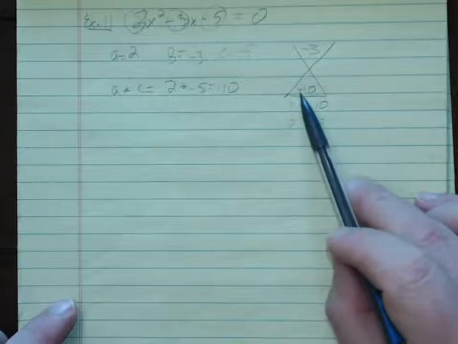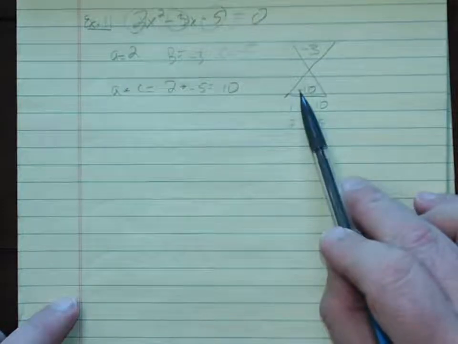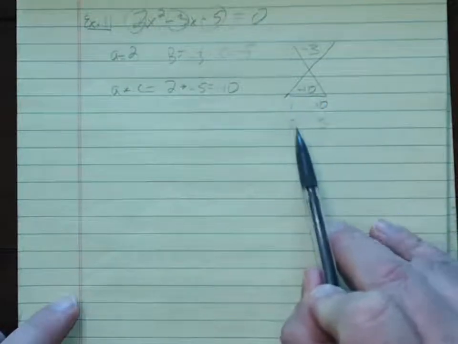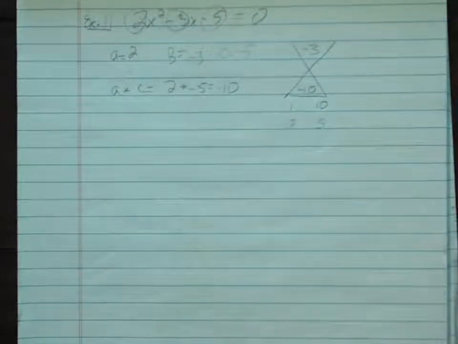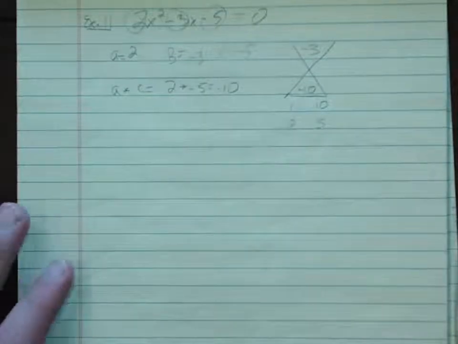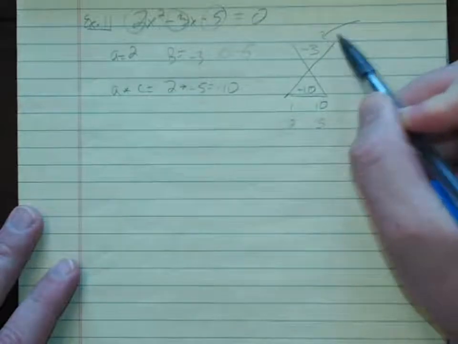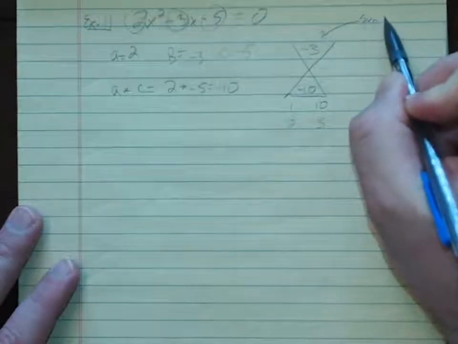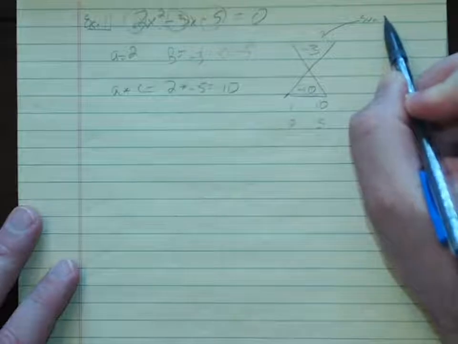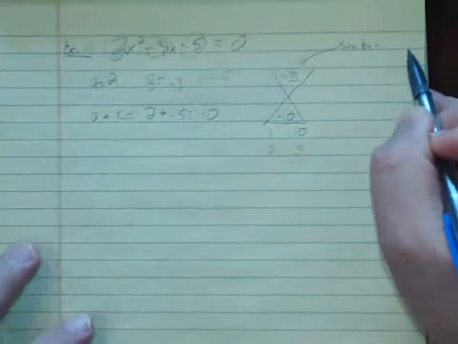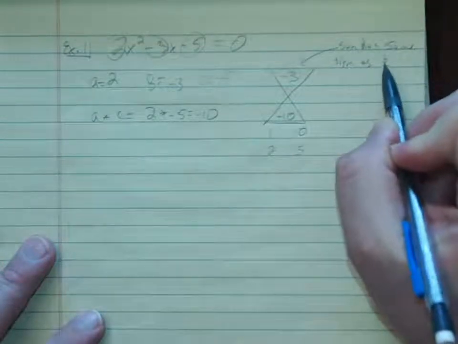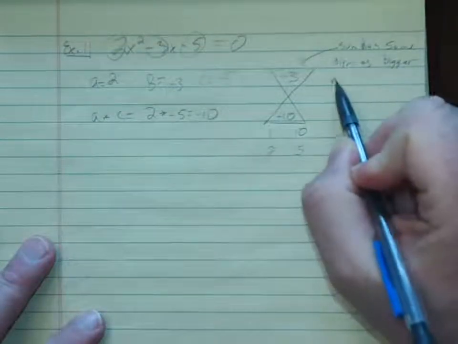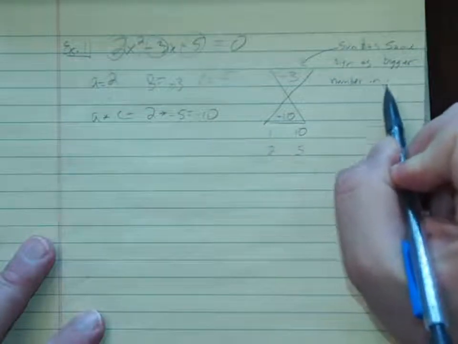Now, I mentioned that this is actually a negative 10. And currently, if I multiply 1 and 10 or 2 and 5, I get positive 10. So we know we're going to have to adjust some signs. There are two things you need to consider, and you need to consider them in this order. The first thing you need to know is that the sum always has the same sign as the bigger number in the pair.